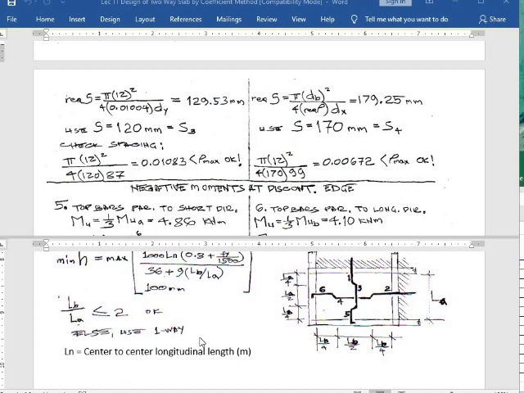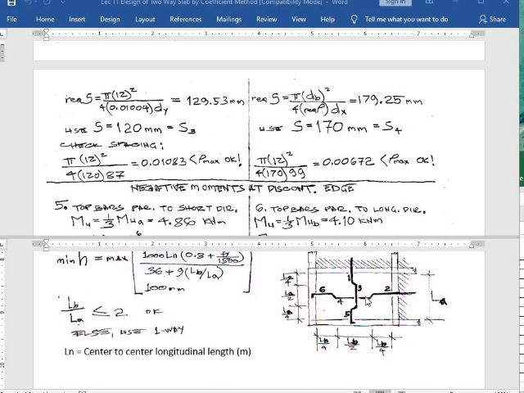So, natapos na natin yung spacing ng bar 1, bar 2, bar 3, and bar 4. But, take note na si bar 2 tsaka bar 4, actually, isang bakal yan na diretso hanggang sa bar 6. Na-bend lang siya dito. Likewise, si bar 1 tsaka si bar 3, in reality, isang bakal lang yan.